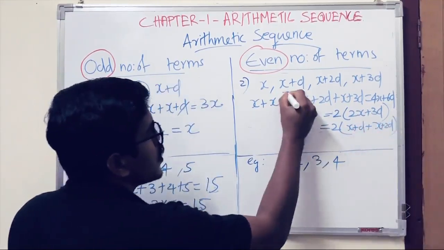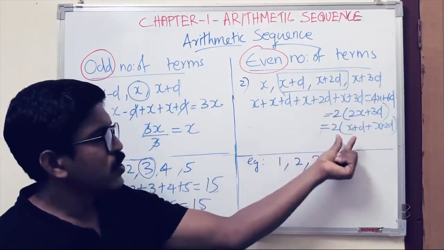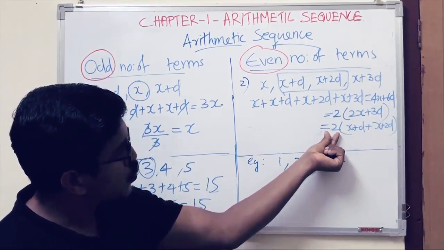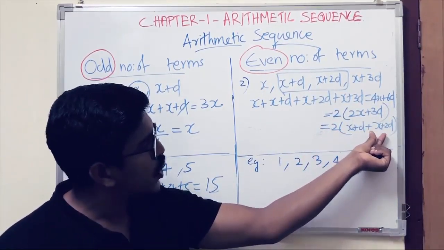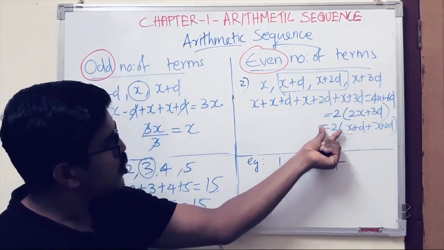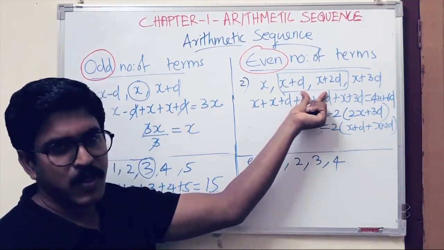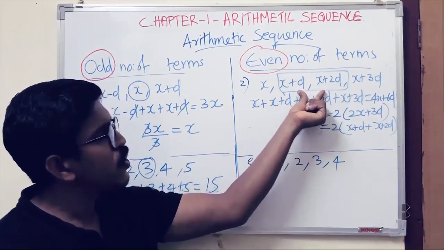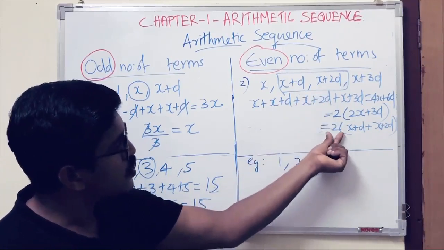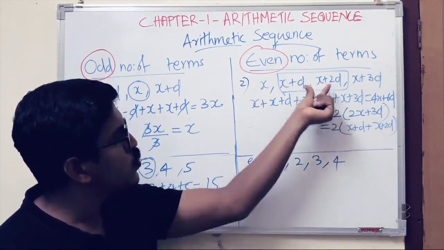That is, you can see here our center numbers are x plus d and x plus 2d. That means the sum is always 2 times the sum of the two middle numbers. So in the even number of terms we have two numbers as middle numbers.